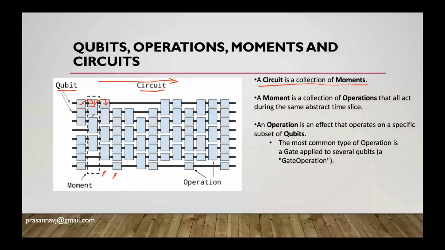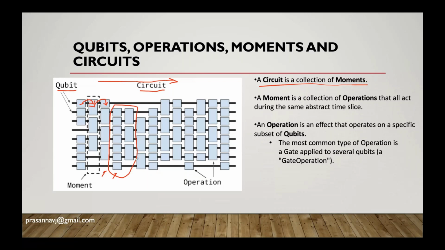Now in this diagram, there is an operation applied at that particular point in time on the qubit, and that is what is represented as a moment. There could be a case, and here I'm just taking it as an example, where both of these sets of operations, both these transformations on the qubits, can also be considered moments.